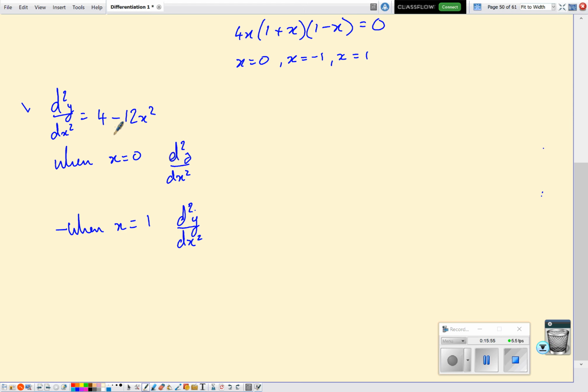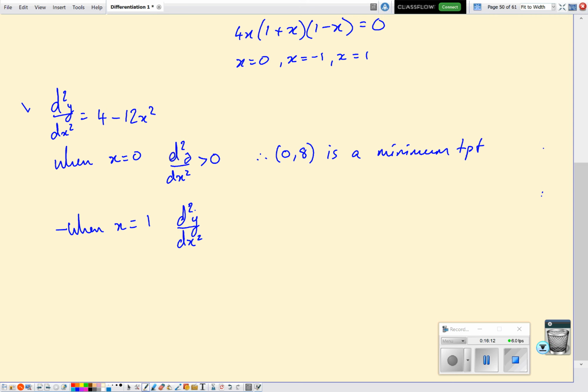Obviously, when x is equal to 0, then that's going to be 4 take away nothing, which is greater than 0. So the point 0,8 is a minimum turning point.